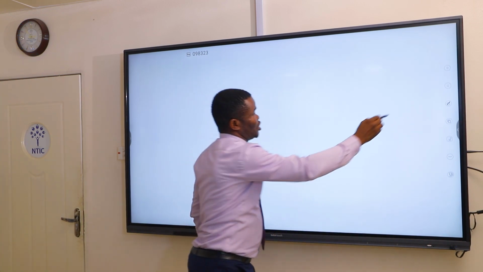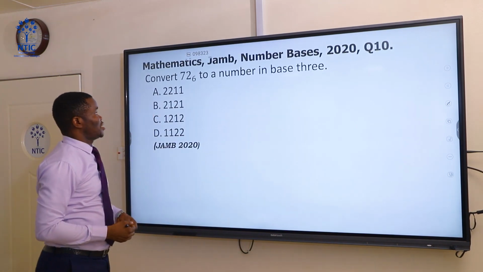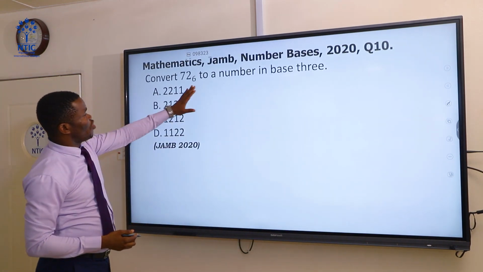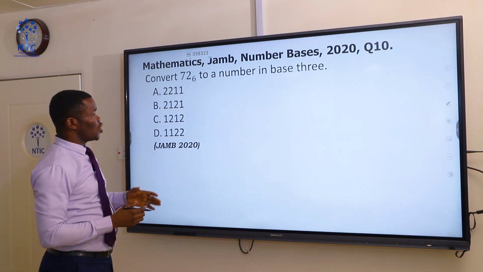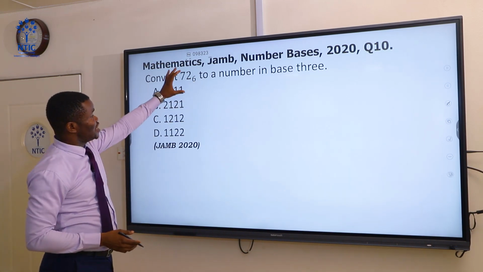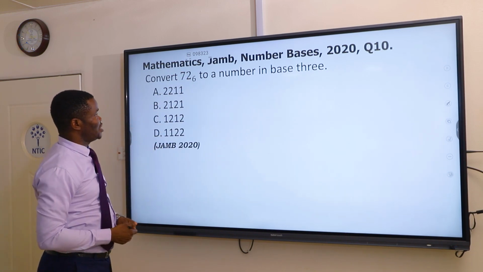Next question is this. So we are meant to convert 72 base 6 to a number in base 3. So what we are going to do first is convert it to base 10 and convert it back to base 3.